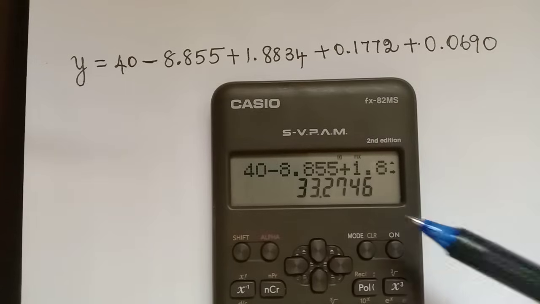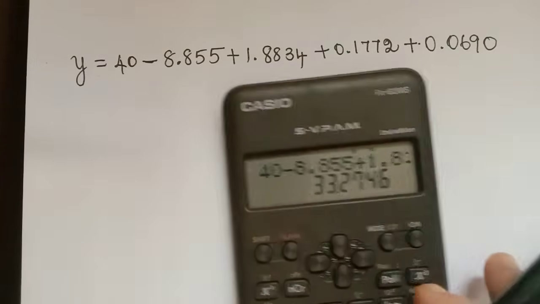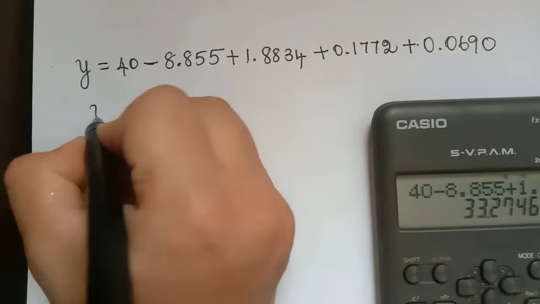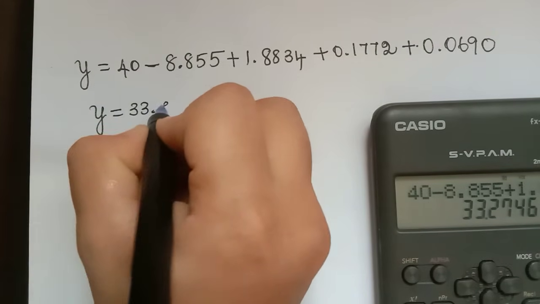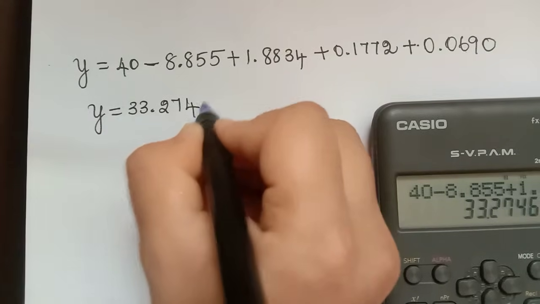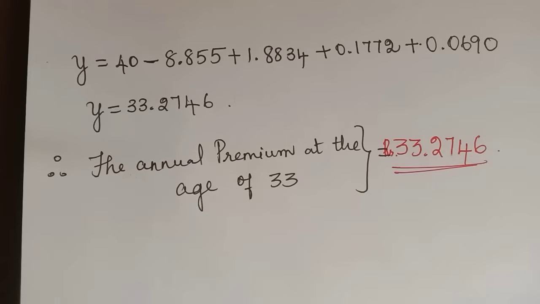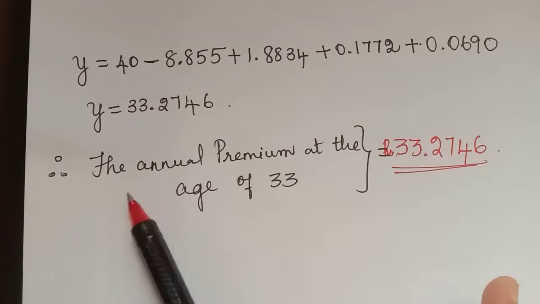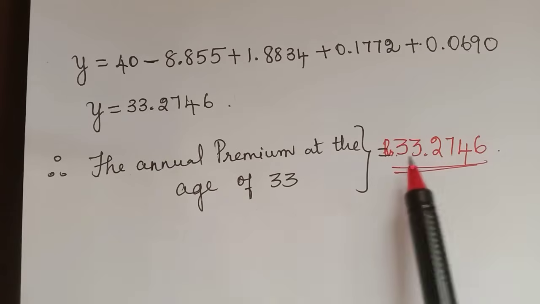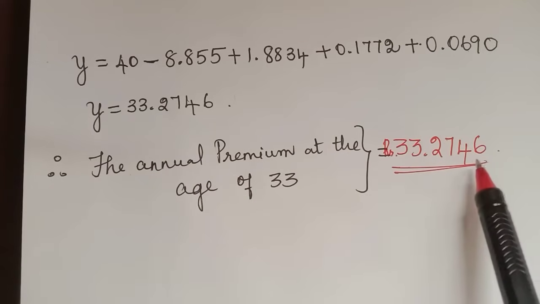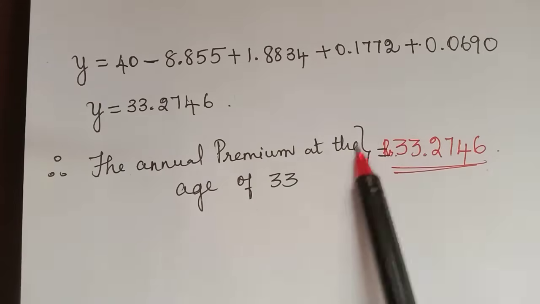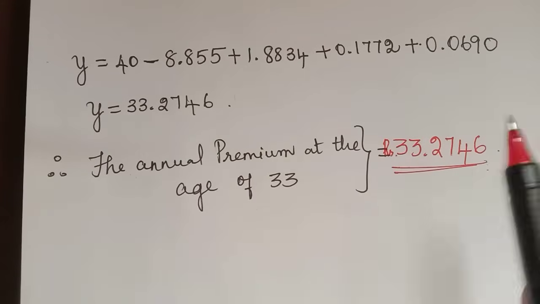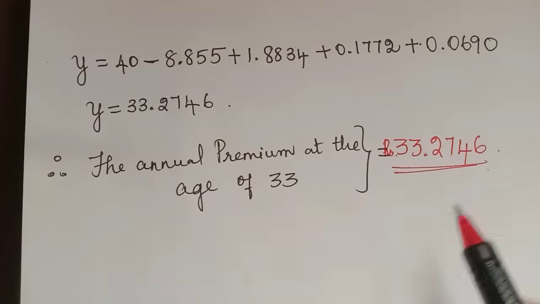So this is the final answer. So let us take that and we will write. So the value of y is equal to 33.2746. So finally I have taken and written the answer. The annual premium at the age of 33 is rupees 33.2746. Because the question was given in rupees, I have taken and written the units. Okay, hope you have understood this problem. Thank you.